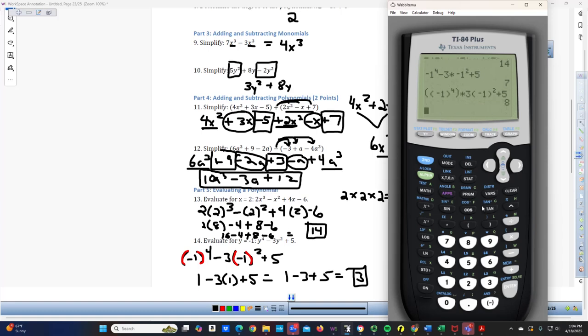Oh, because it put this double parenthesis. I'm happy you guys are seeing my hiccups so that you can understand, these graphing calculators are super powerful. Oh, you know why? Because it's supposed to be minus 3, not times 3.